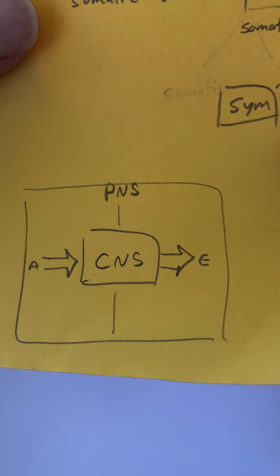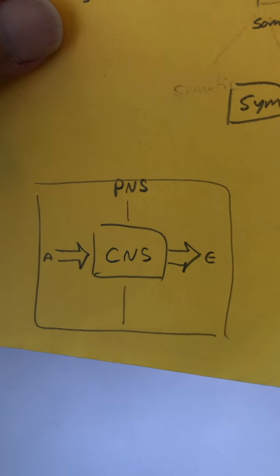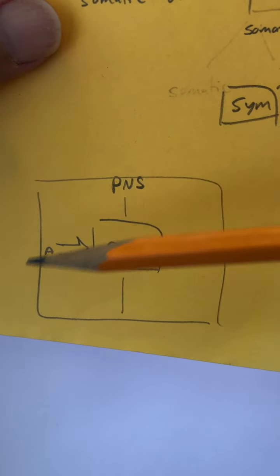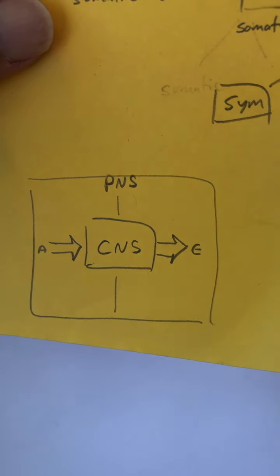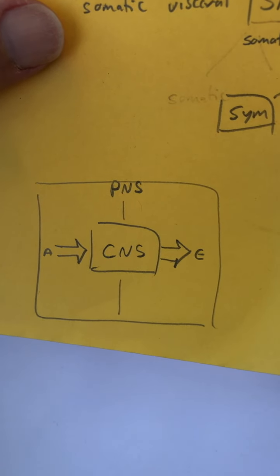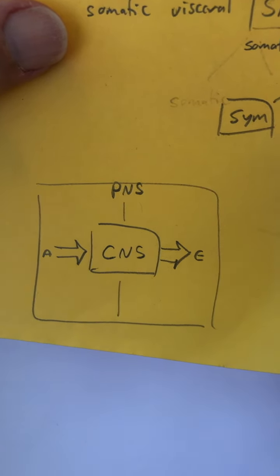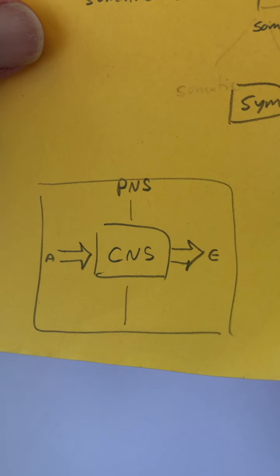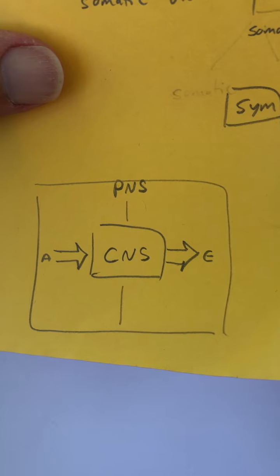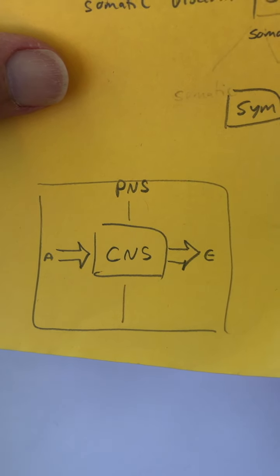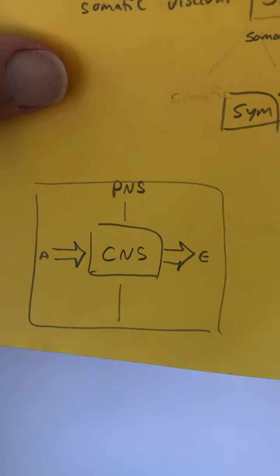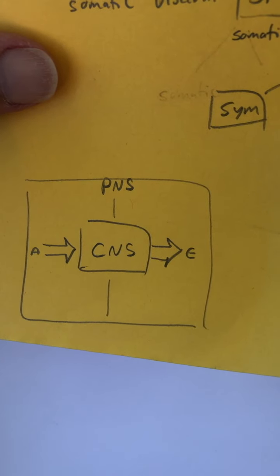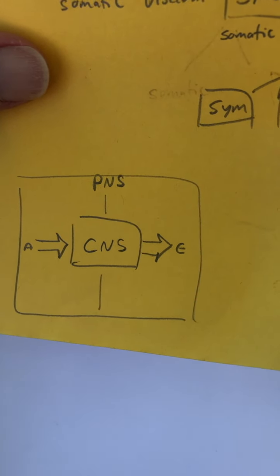Now, in a strange little way, the peripheral nervous system sort of acts like a prison for the central nervous system, because the central nervous system is isolated inside the functions of the peripheral nervous system. The information that gets to your brain and spinal cord comes through the peripheral nervous system. And the information that leaves the central nervous system to go out to the body has to go through the peripheral nervous system.